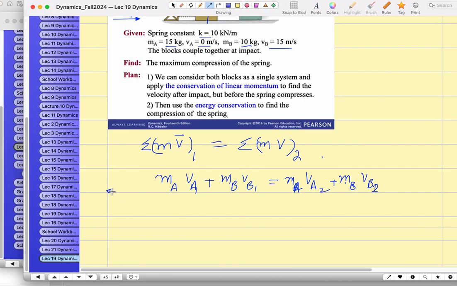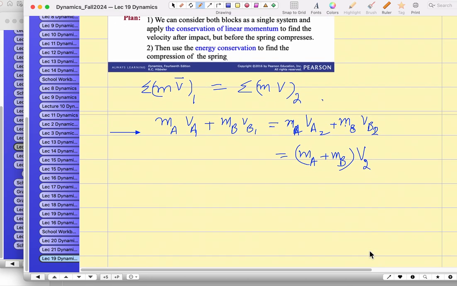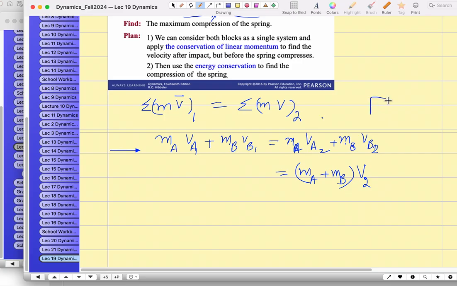Assuming my right hand side is positive, now the blocks couple together. Coupled together means they become one block, so I can write the mass as one block and velocity as one velocity. After the impact they move like a single mass either to the right or left. So let's find out that velocity.